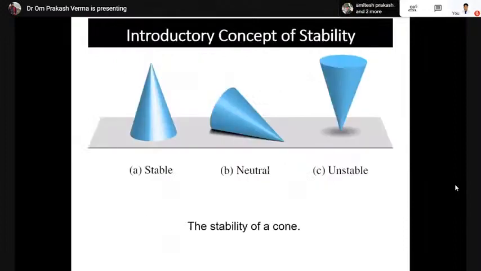Now, come to the stability terms. Since this is the introductory class, if time allows, day after tomorrow or tomorrow, we will discuss stability theory in depth.